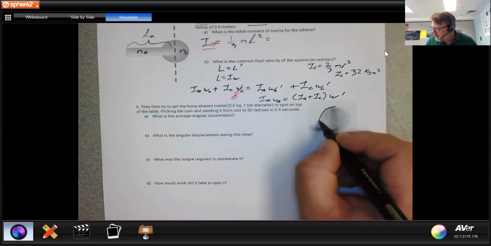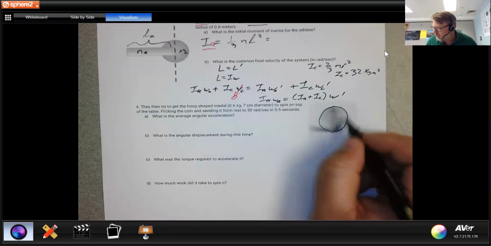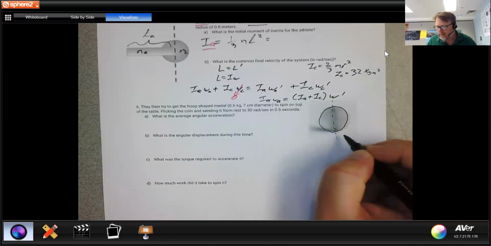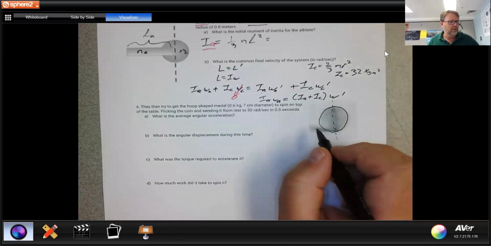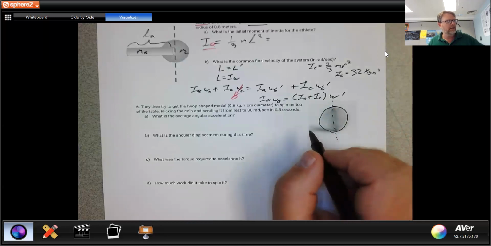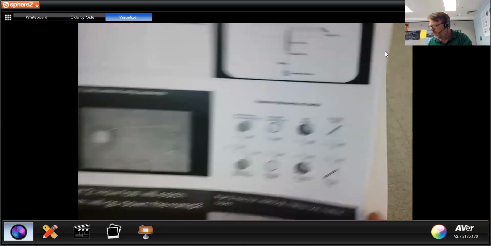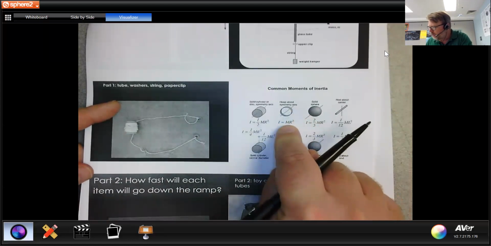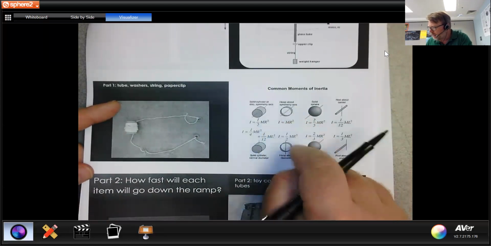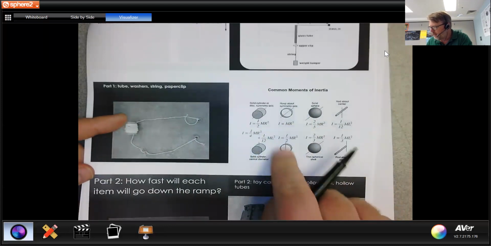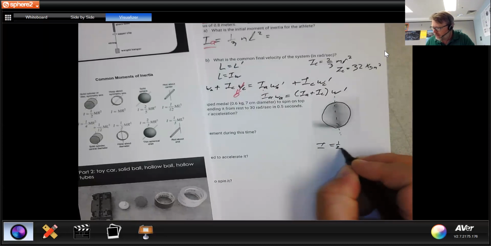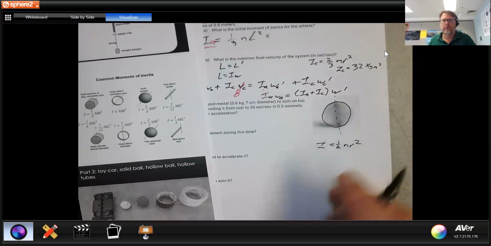Not the best image I could find, but the point is it's supposed to be hollow and spinning across this axis, which is going to be important when we look at our options here. Rather than doing this one, about the symmetry axis, we're going to have it spinning about the diameter. So we're going to have to do I equals 1/2 mr squared.